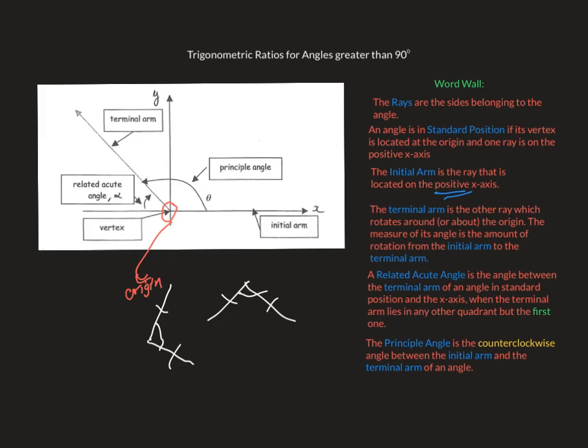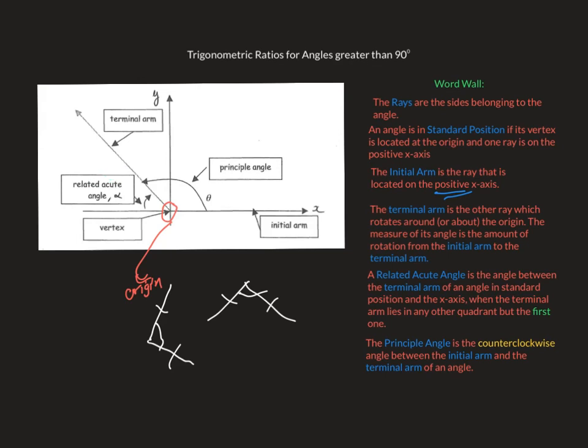Next up, the terminal arm is the other ray that rotates around the origin. If this is my angle, the angle goes all the way around, and where the angle is supposed to be and the line is made, we call that the terminal arm. The angle is the measure of the rotation that starts at the initial arm and goes all the way to the terminal arm.